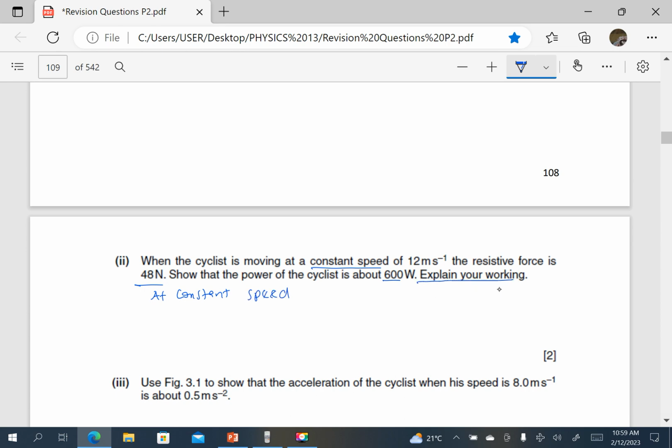This part of explaining your working is very important. At constant speed, the force from the cyclist should be equal to the resistive force.